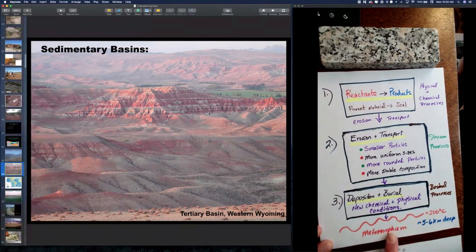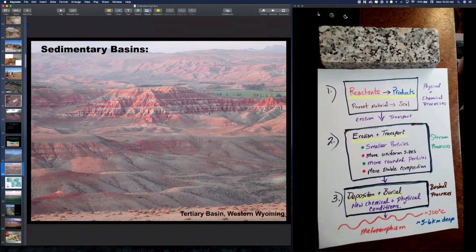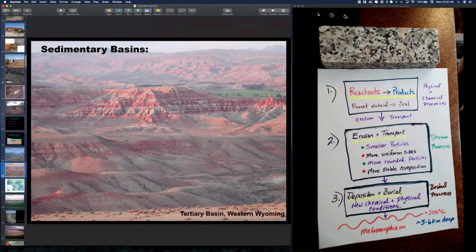And that's approximately the boundary where we go out of sedimentary systems and diagenesis or alteration, whatever you want to call it, we go to metamorphism. So it's 5 to 6 kilometers deep at about 200 degrees C. At those temperatures and pressures, clay minerals start to turn to mica.